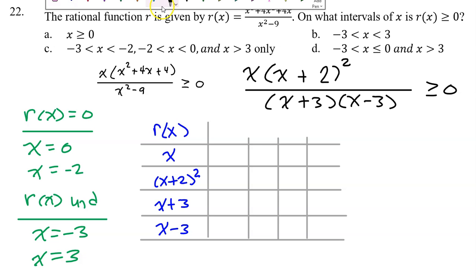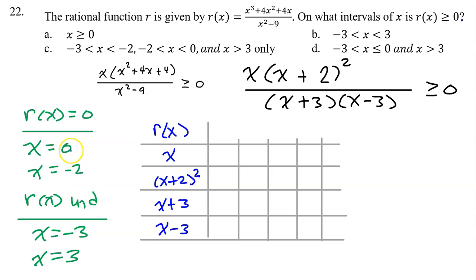Am I not? Put your 4 critical values across the top in order from least to greatest. So we're going to start with this -3, and then we have -2, and then 0, and then +3.